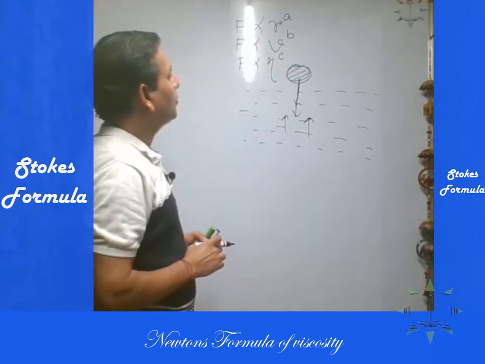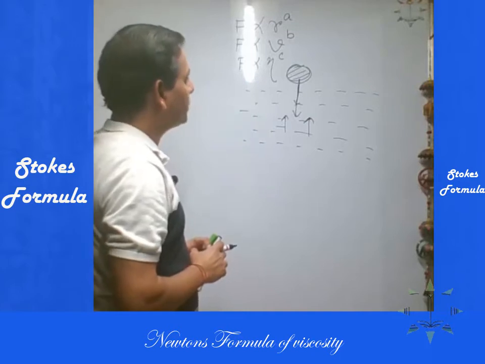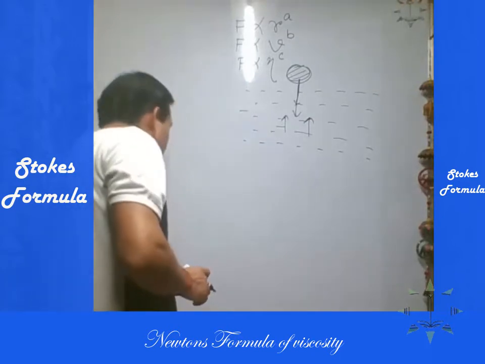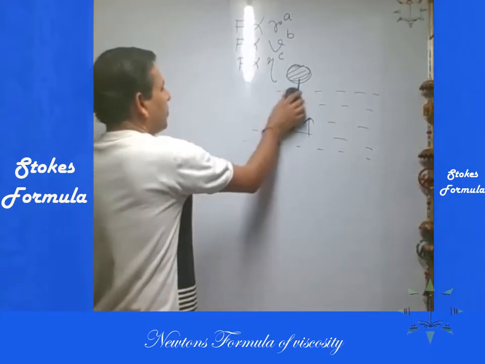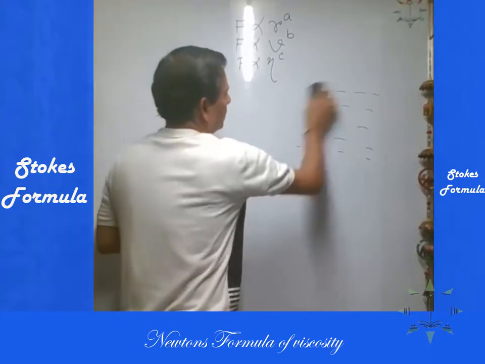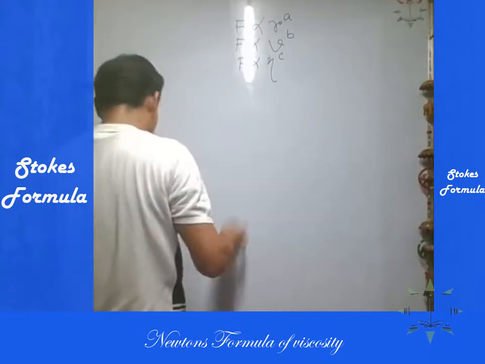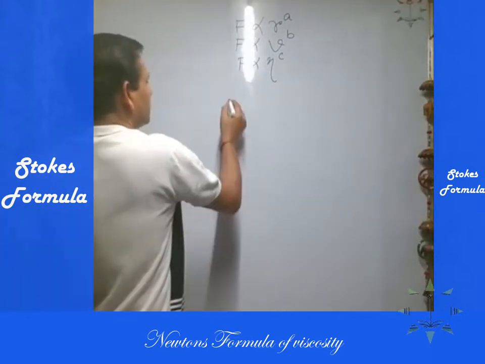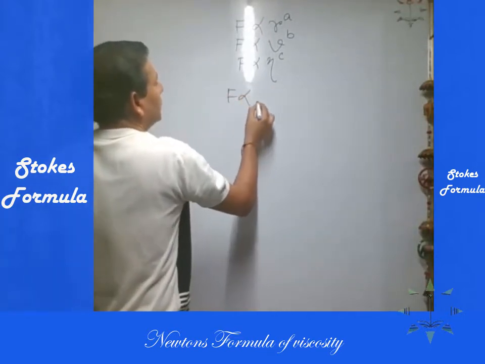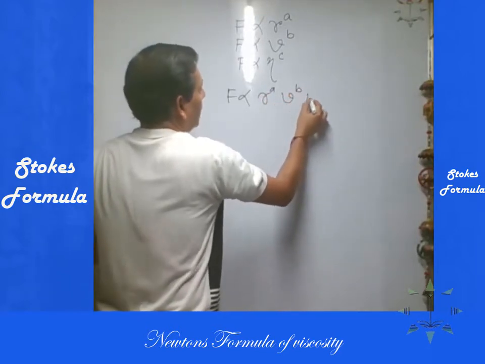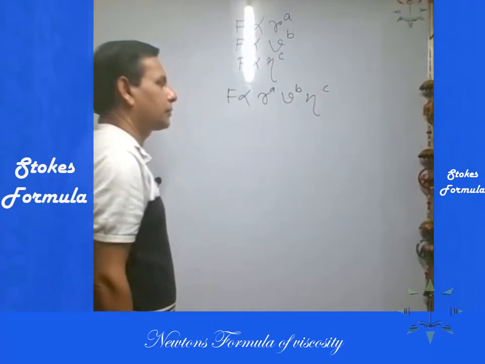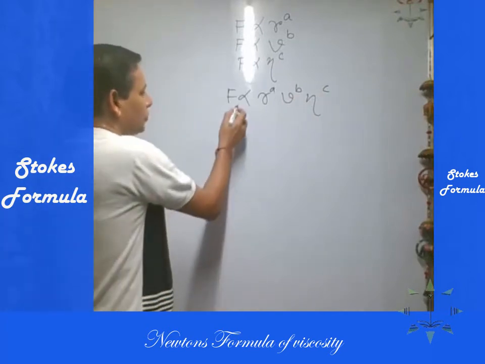So now viscous force acting on this sphere depends on three factors. If we combine all these three, what we get? The viscous force acting is proportional to radius to the power A, velocity to the power B, and eta to the power C.